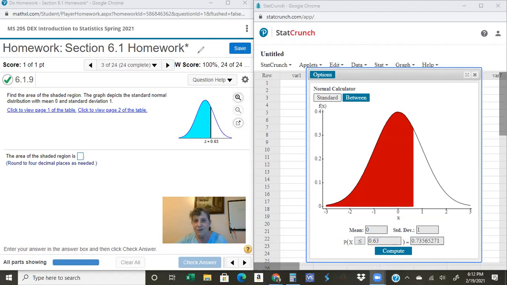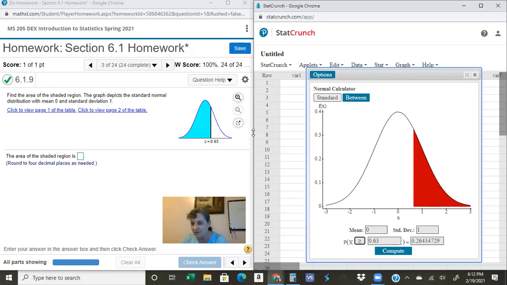We have the option of putting less than or equal to or greater than or equal to. If we change this to greater than or equal to this part up here, it's going to actually give us the complement of the other, 0.2643.